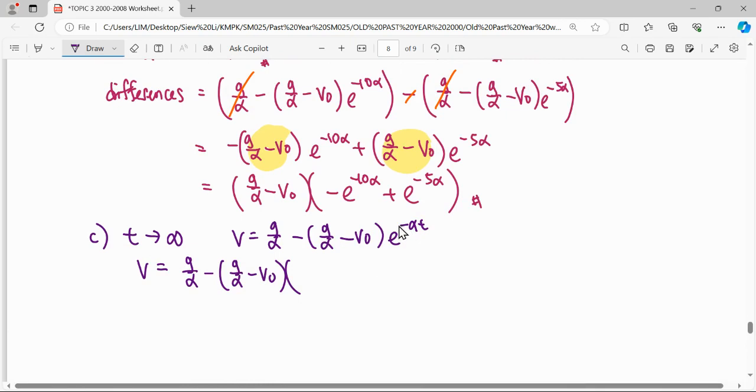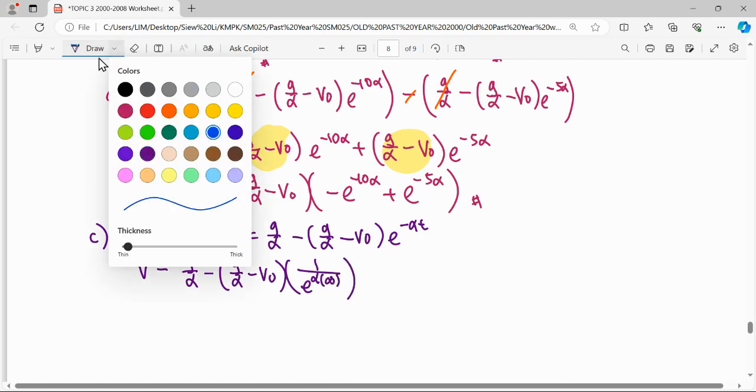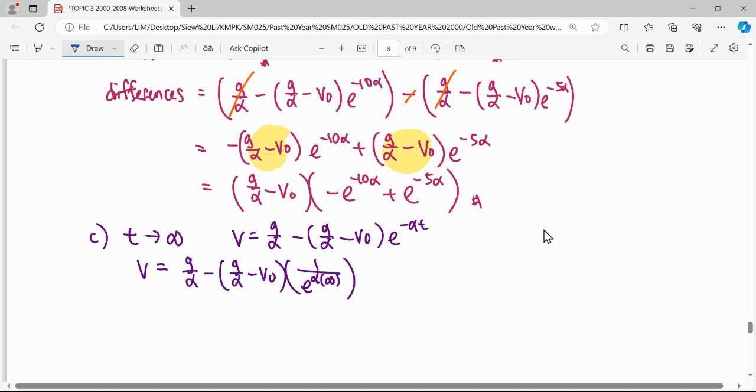So e to the negative power, we can rearrange back as e to the power of alpha t at the denominator. t is infinity, so alpha times infinity approximates to infinity. Then when exponential to the power infinity, because you raise a power to a big number, of course your number gets bigger.